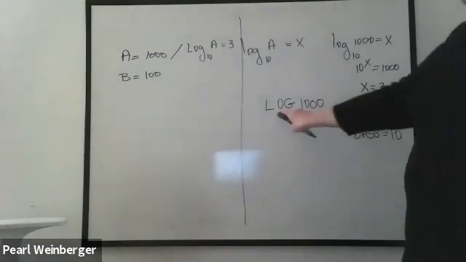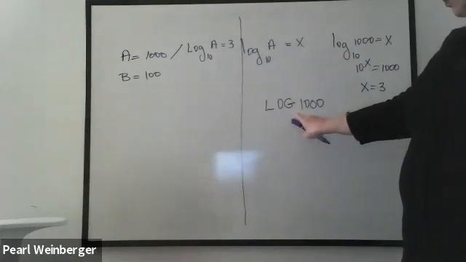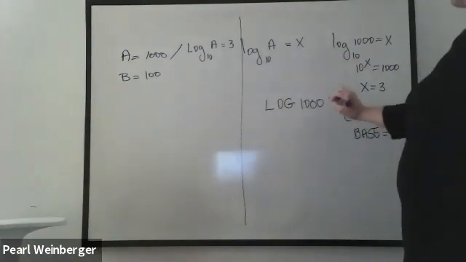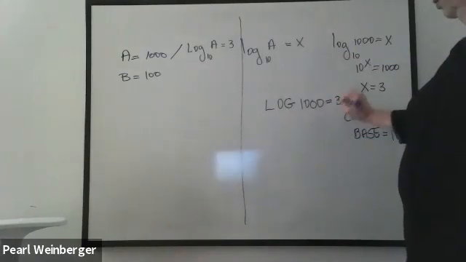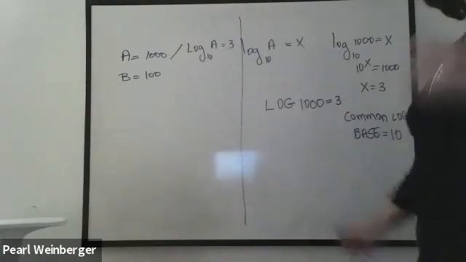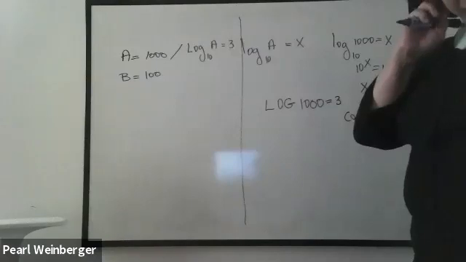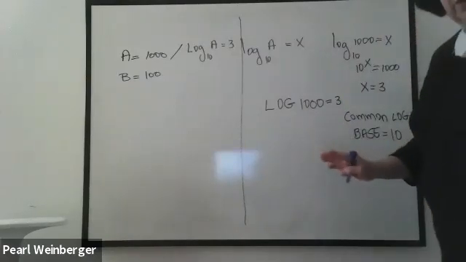So this is asking you, what is the exponent that I should put to base 10? Remember, it's not written in, so it's understood to be 10, to get 1,000. And of course, we know that answer is 3. So if ever I write a log and I don't put in the base, you will understand that the base I'm using is 10. I'm using a common log.